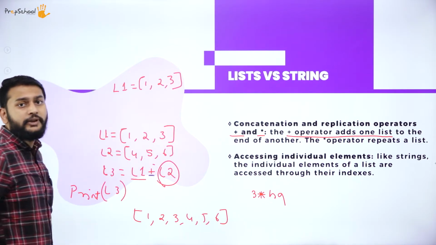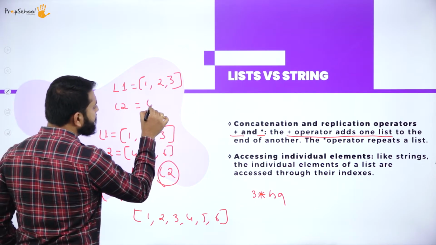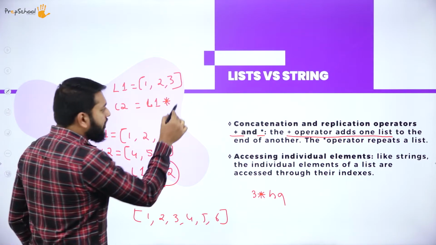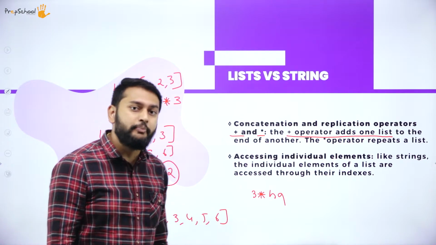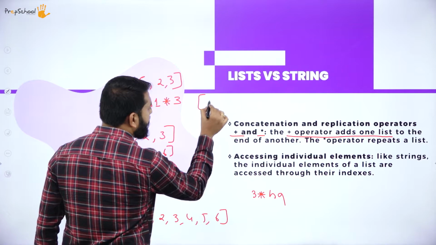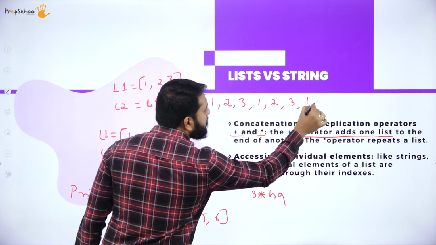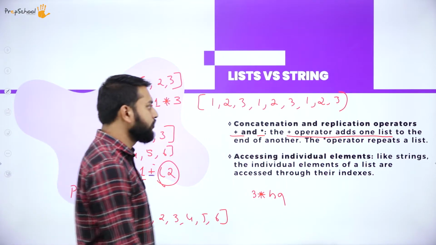Suppose I write L2 is equal to 3 into L1. So 3 times whatever I have, 1, 2, 3. If I print this, 1, 2, 3, 1, 2, 3, 1, 2, 3 will be printed in the list, is what you need to understand.